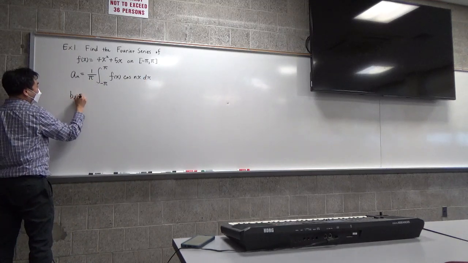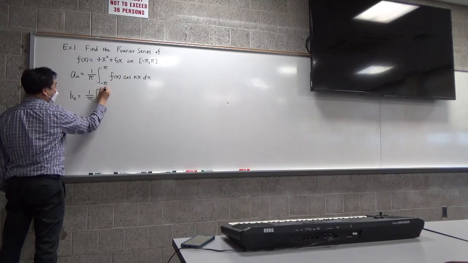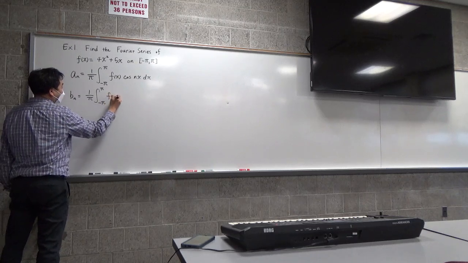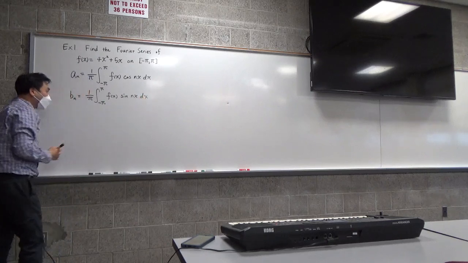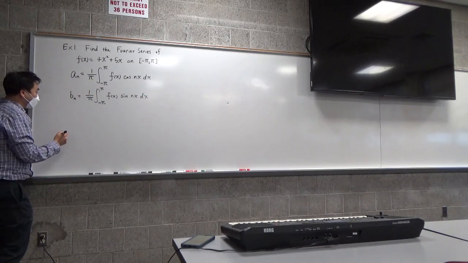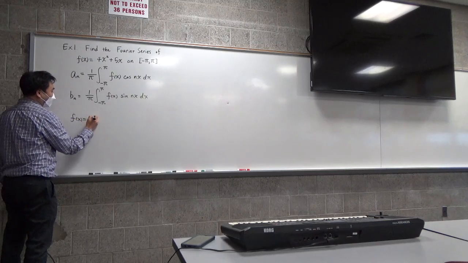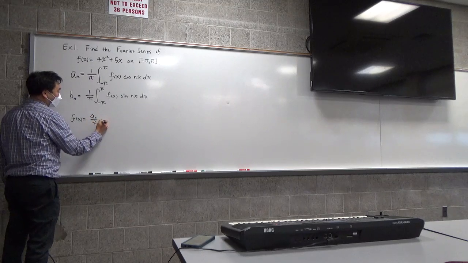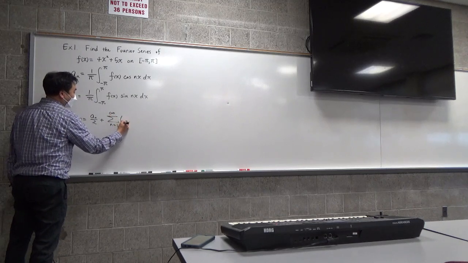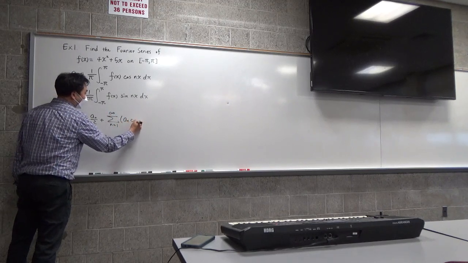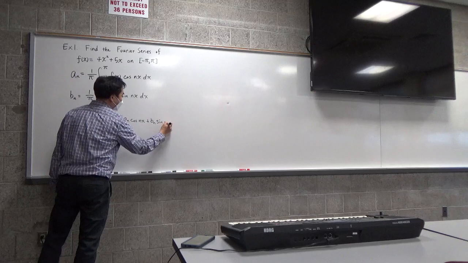And Bn is computed by doing 1 over pi of the integral from negative pi to pi of f of x sine nx dx. Once you get these numbers, the an's and bn's, the function f of x can be represented as a0 over 2 plus the summation of n equals 1 through infinity of an cosine nx plus bn sine nx.